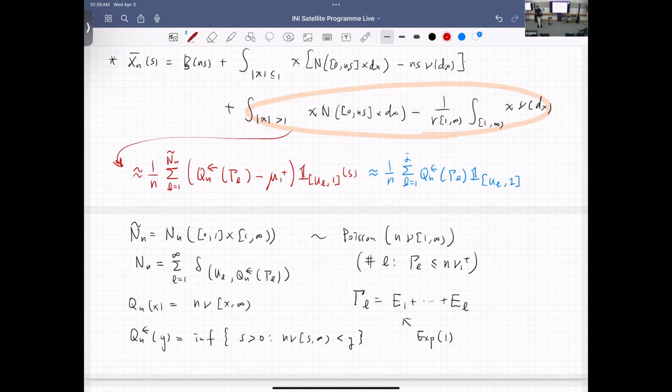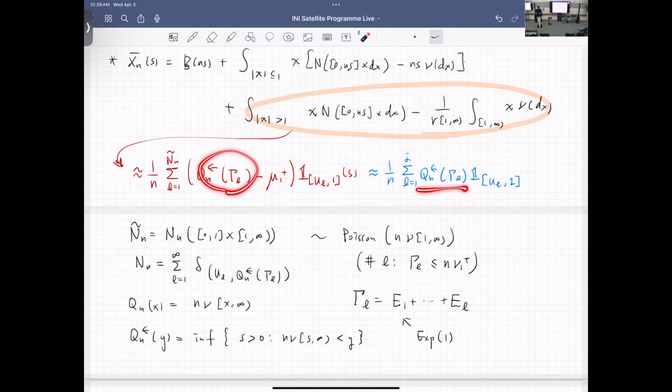So what do I mean by close? I'm going to make it clear, but just intuitively, they are close. Here mu1 plus is the conditional expectation of the large jumps, so the conditional expectation of the jump sizes, given that it's greater than 1. And what this tells you is that you can more or less ignore this, because these will be large.